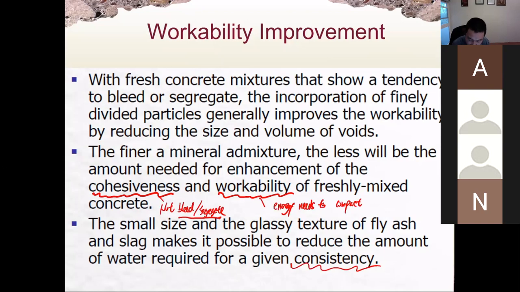Consistency, on the other hand, is defined as how easily the concrete flows. So the three words, cohesiveness, workability, and consistency, are pretty much similar, but not exactly the same.